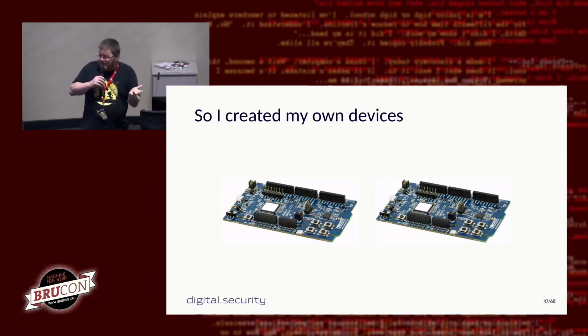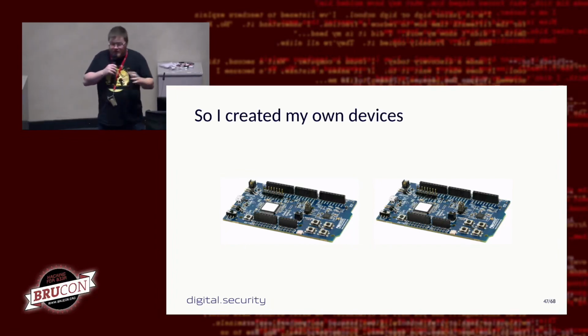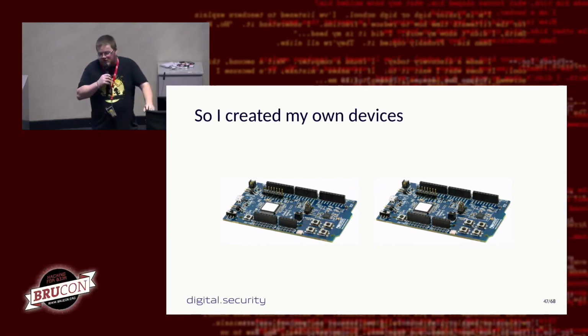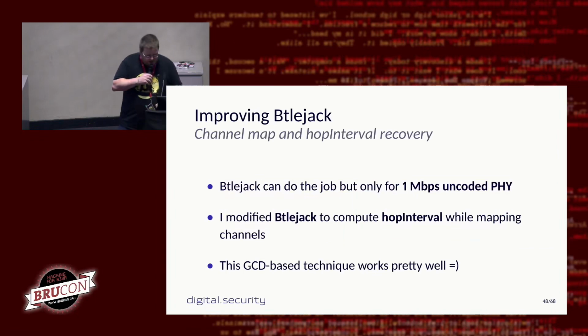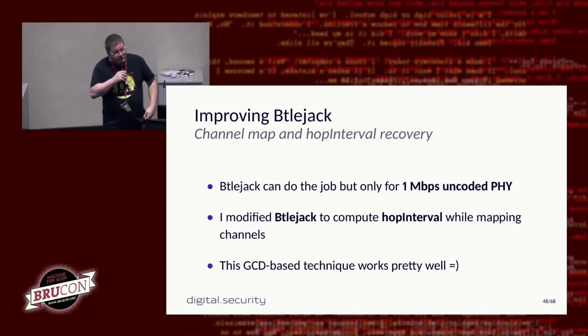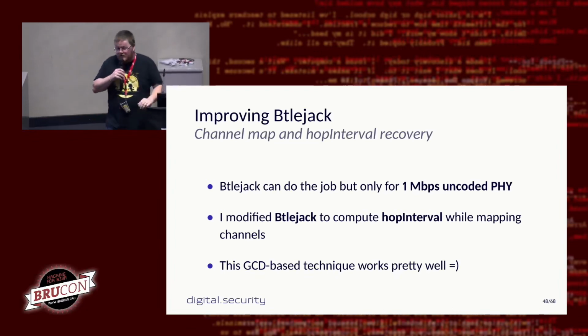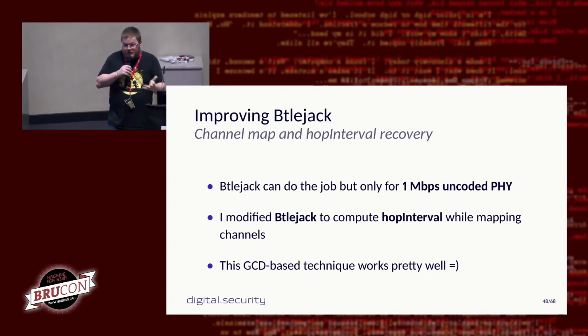One is the slave device, the other the master device, and it uses channel selection algorithm number 2. This is quite interesting because we are going to test this attack. And of course, I started to improve BTLEJack, because I'm used to it. I know how to develop this firmware, so it is easier for me to implement this.